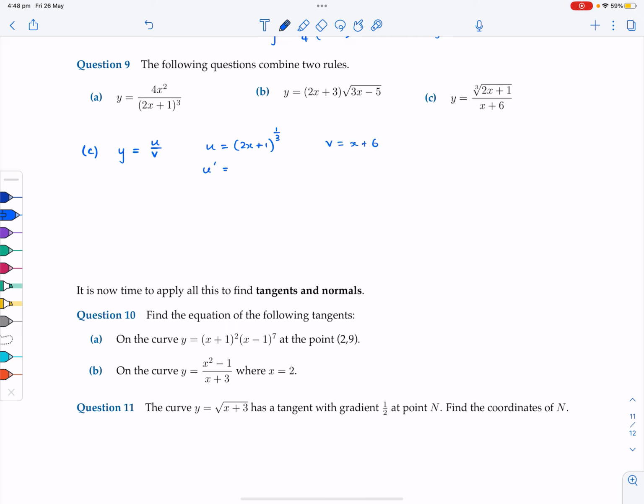U dash is 1/3, 2x plus 1 to the negative 2/3 times 2. V dash is 1. Right, remarkable difference in the complexity of the two derivatives there. Y dash is VU dash minus UV dash over v squared. Right, let me get my denominator.